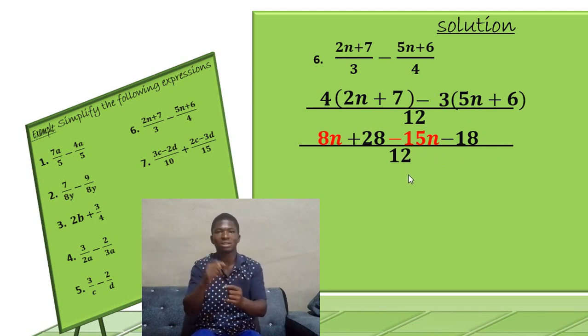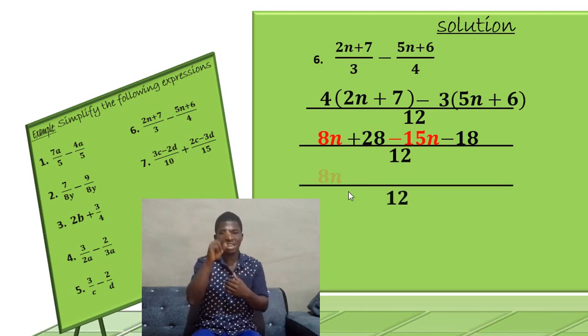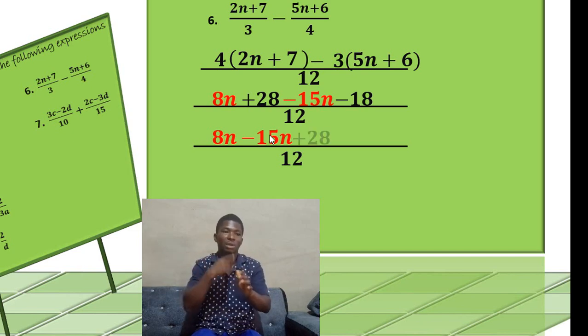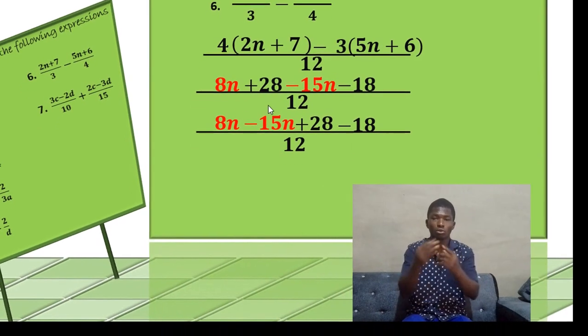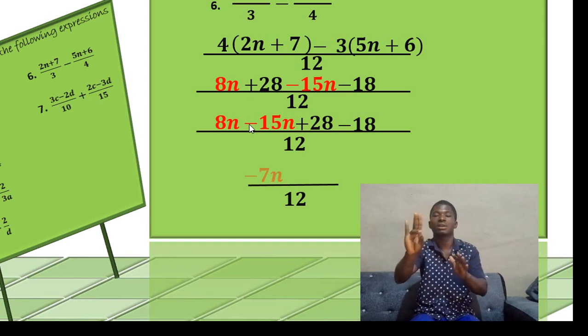Let's bring the n terms together: 8n, then this minus 15n comes to meet it. Then we have plus 28 and minus 18. When you simplify this, you have minus 7n and plus 10.